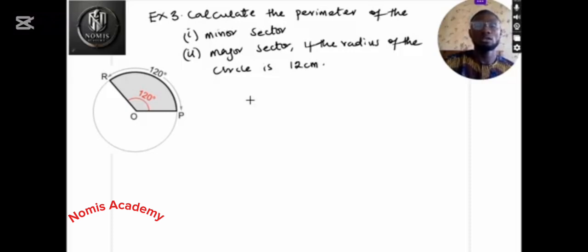So the radius has been given, and we can as well see the angle subtended by the minor sector. So let's go into the solution.